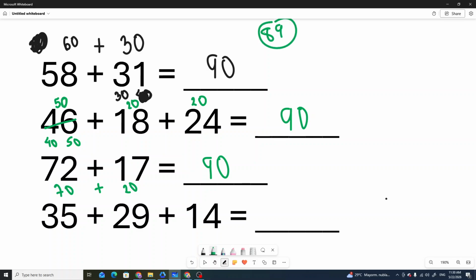But since we are estimating, we need to round the numbers, and then the answer by default is going to come out rounded. Okay, so 35 is rounding up to 40, and then 29 rounding up to 30, and 14 rounding down to 10, right? So now it's 4 plus 3 plus 1, it gives me 8, and then I put the 0, 80, right? So now let's go ahead and analyze some word problems.